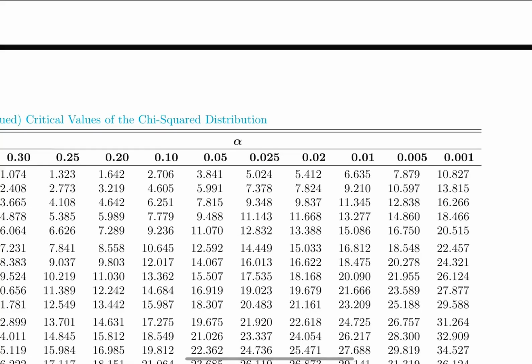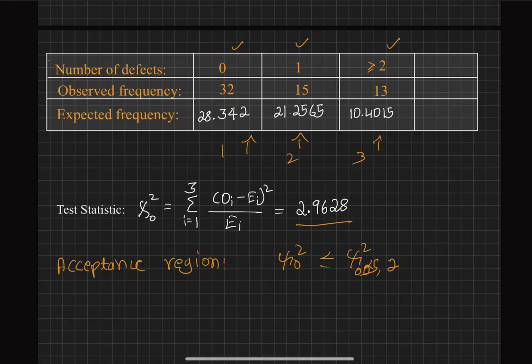Now if I go back to the table for degree of freedom 2 and alpha 0.05, the chi-square value is 5.991. We can observe here the test statistic we calculated, that is 2.9628, is less than 5.991.